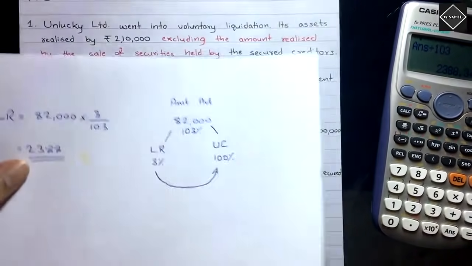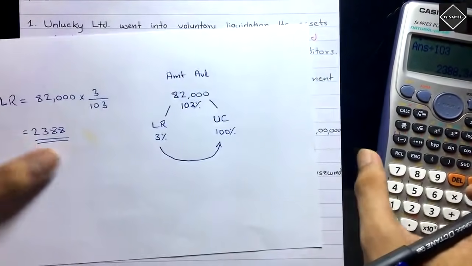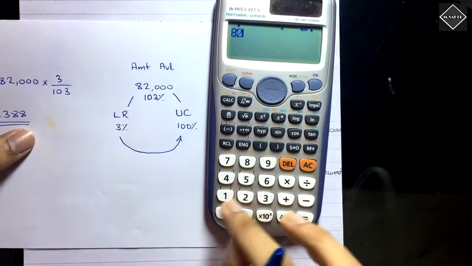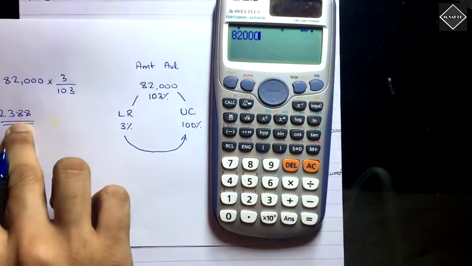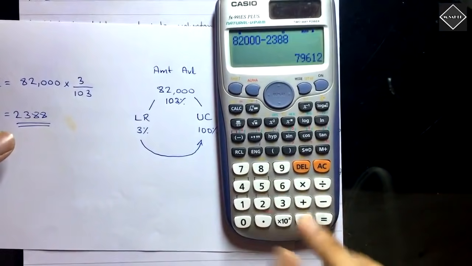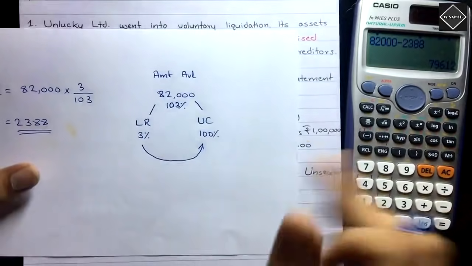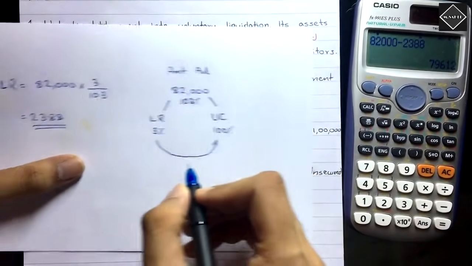So how to calculate that? Simple, just subtract this from the amount available. See here, 82,000 minus 2388, that gives you the unsecured creditor, 79,612. How will you calculate the unsecured creditor?